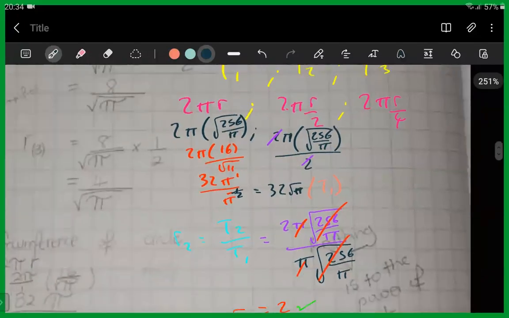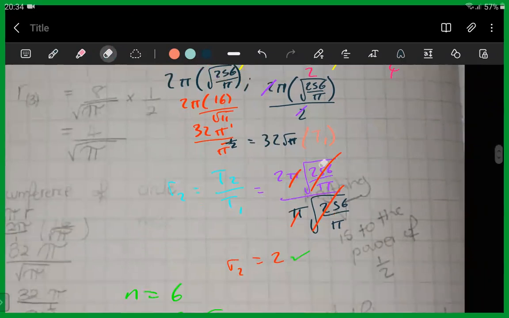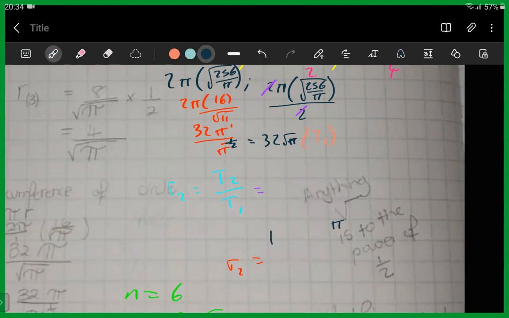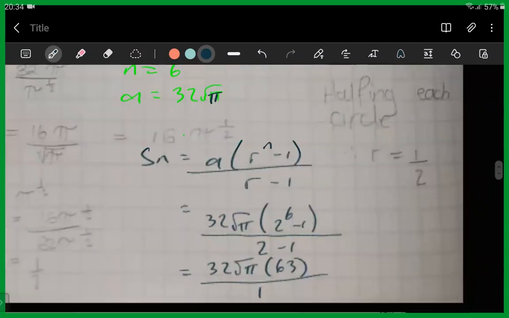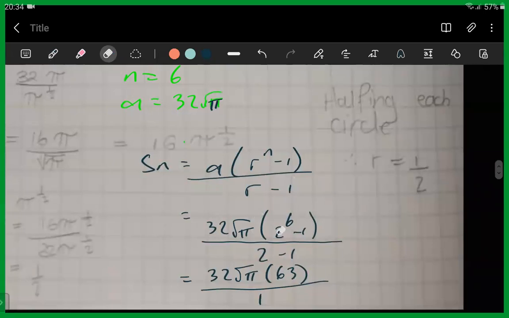What mistake did I make here? Oh, I took the first term divided by the second one instead of doing it the other way around. R would have been a half if it was the other way around. If you take this divided by this, it would be a half. Yes. Apologies. To the power of 6. There we go.